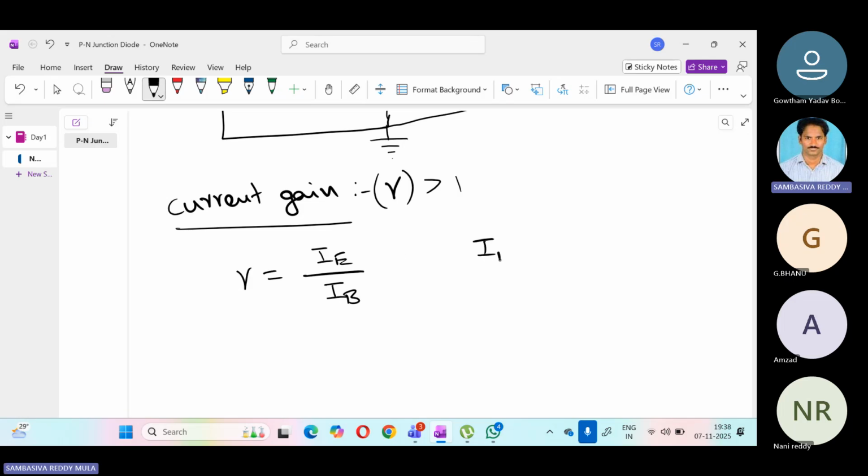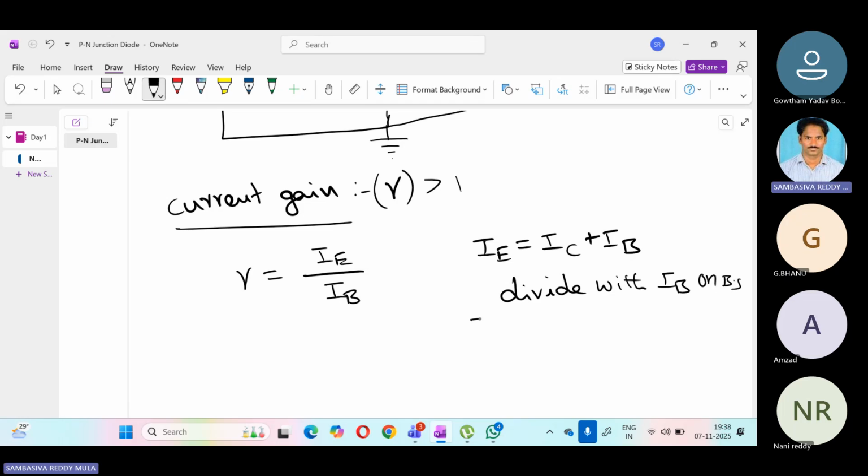So always we'll take the current relationship: IE is IC plus IB. So if you want gamma, gamma is IE by IB. So divide with IB on both sides.